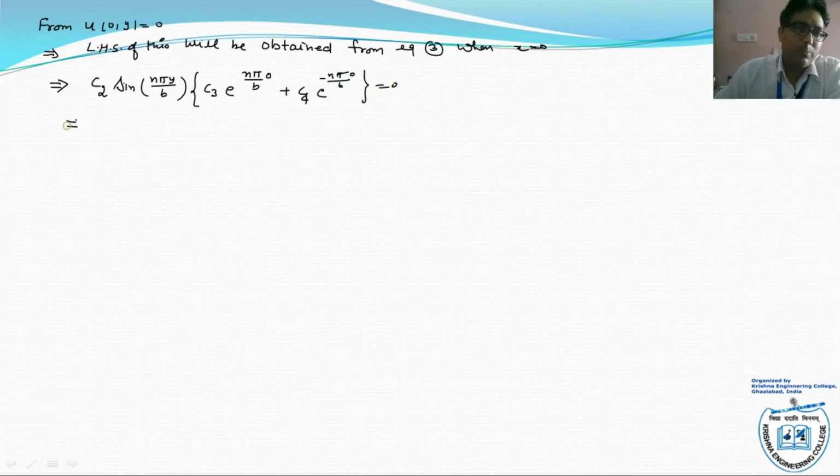So this term becomes C2 sine n pi y by b, and this whole term becomes, this is C3 e to the power 0 means 1, and C4 e to the power minus 0 is also 1.